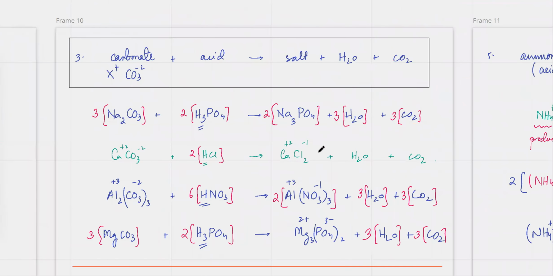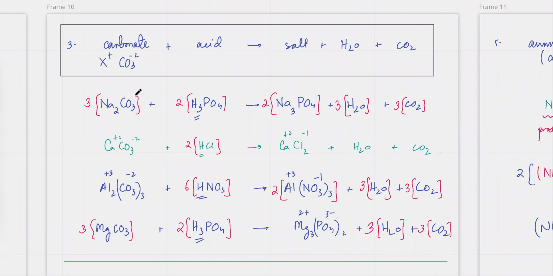You had a carbonate plus acid reaction. The only difference was now it's carbonate plus acid produces salt, water, and carbon dioxide. So again, get rid of the H, put Na in its place. So that would be the salt, which in this case would be Na and PO4. Over here, it's going to be Ca and Cl. And over here, also think like this, that carbonate turns into carbon dioxide.